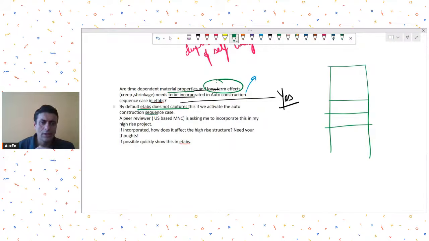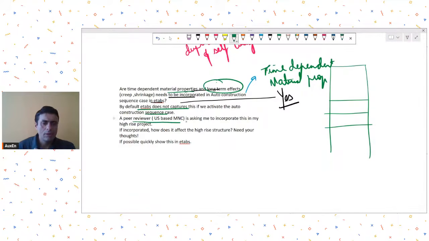You are correct, by default, time dependent material properties are not considered in ETABS. So you have to switch that option on in ETABS. As a default, it will not consider that for auto construction sequence.